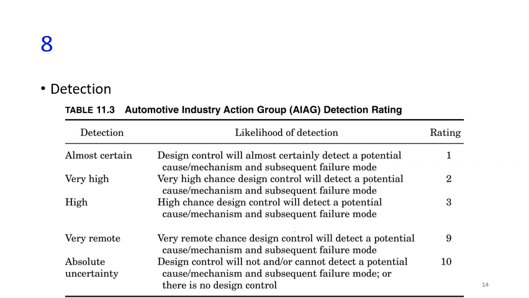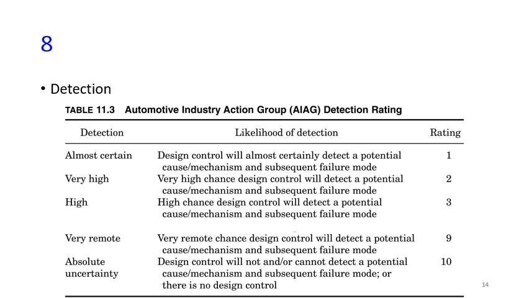Column 8 is still related to column 7, where we give a subjective rating about how good we think the control done in column 7 is. So yes, you have a design control. For example, you do a simulation, but then how good is that simulation at detecting the failure mode?